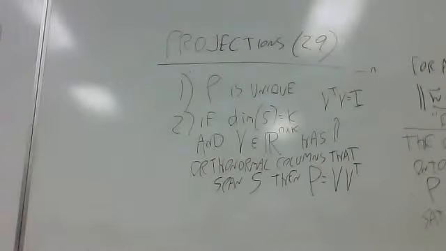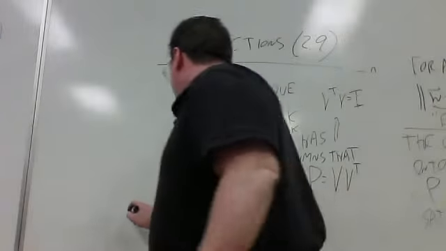I should mention a commonly used formula for projections in a case where you do not have an orthonormal basis. So you have a basis, it's just not an orthonormal basis.